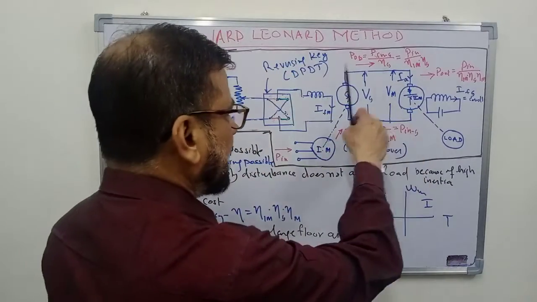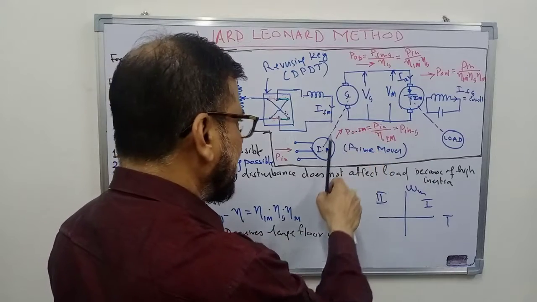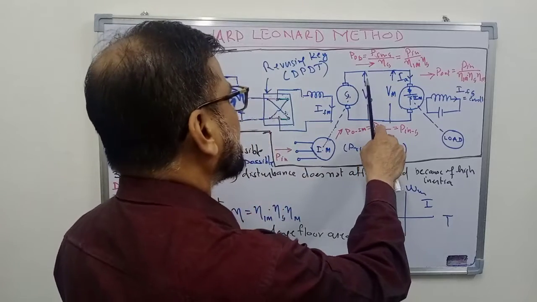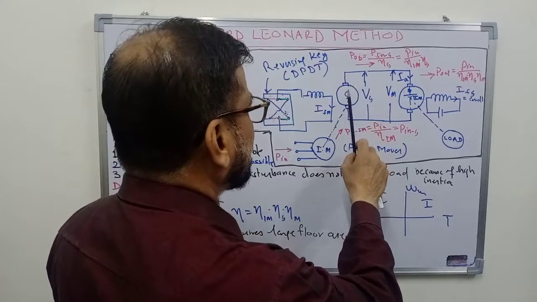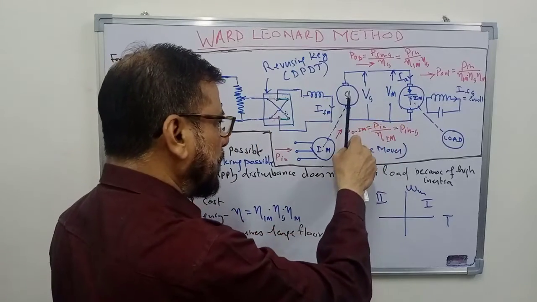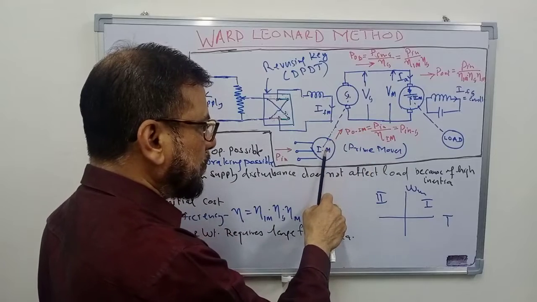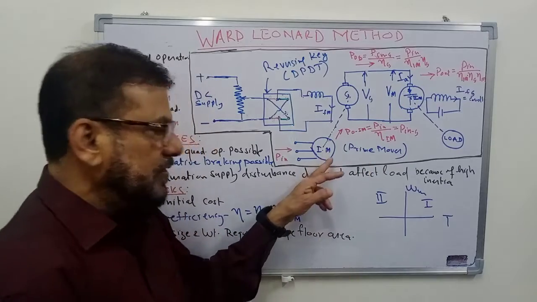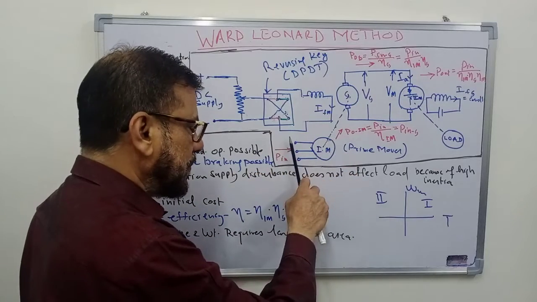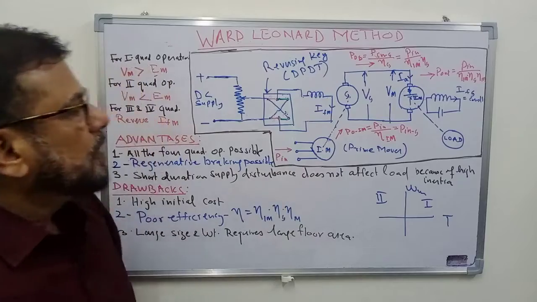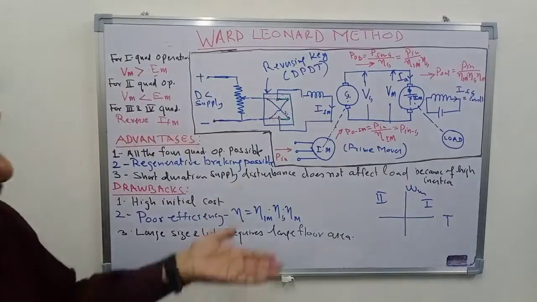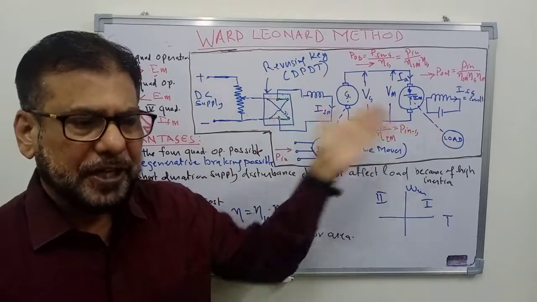It absorbs this electrical power and starts behaving as a motor which converts this input electrical power into mechanical power. This mechanical power is absorbed by the induction machine, and this converts the mechanical power into electrical power, and it is fed back to the three-phase supply. So this is the second quadrant operation, and we are having regenerative braking.